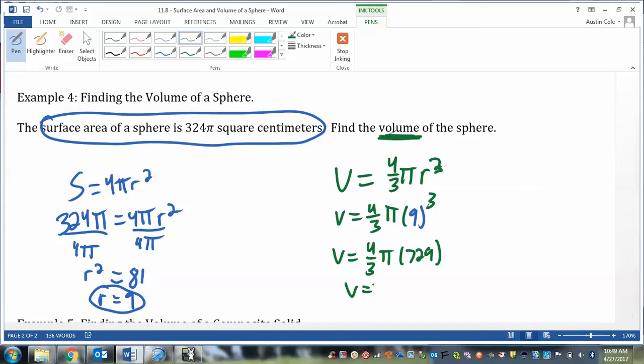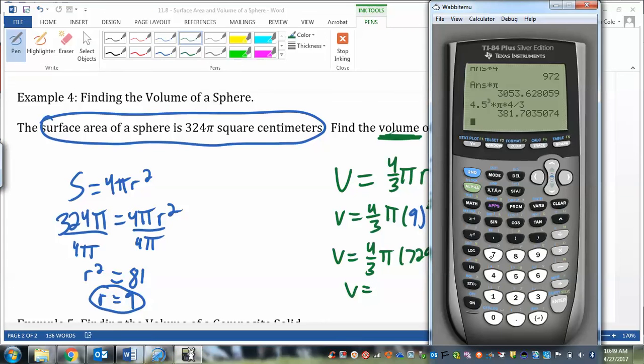What do you do now? So now you have 4/3 pi times 729. I would go to my calculator and put in 729, and I would times that by pi. And then I have times 4/3, so I would put in parentheses 4 divided by 3, and then times that by the answer we got up here to get the final one. Does that make sense?